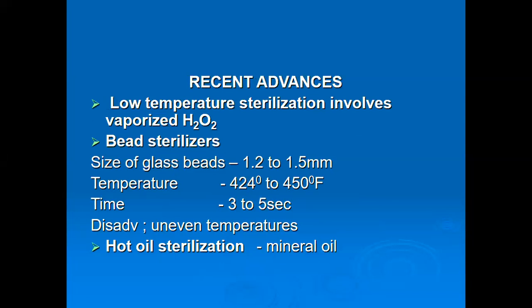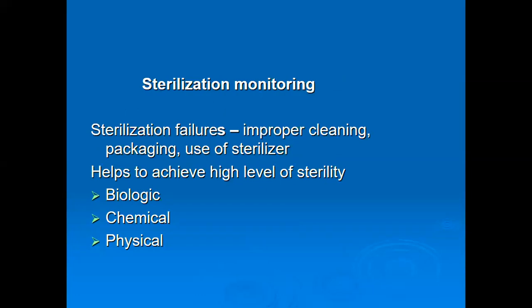Steam sterilization, ethylene oxide for few of the plastics, or pre-packed surgical instruments, your gloves, surgical gloves. Then you have glass bead sterilization. This is something very important. This is what is called sterilization monitoring.